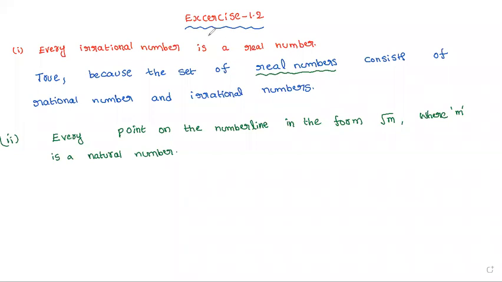So every point on the number line in the form of root m, where m is a natural number. So not possible. False.